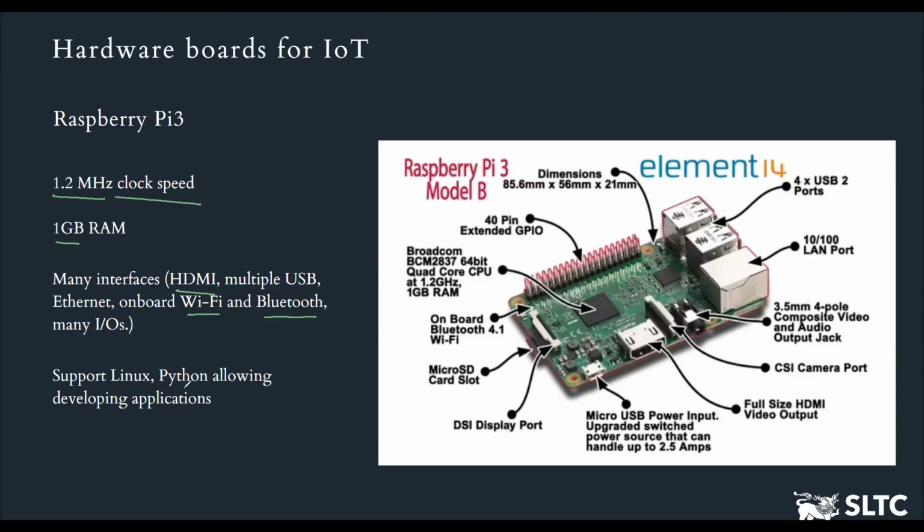Also, this Raspberry Pi supports Linux operating system and Python that enables us to develop applications very easily on top of this microcontroller module, because I think Linux operating system is much more lightweight when compared to Windows and other operating systems, and therefore Linux is preferred for low computationally complex tasks.